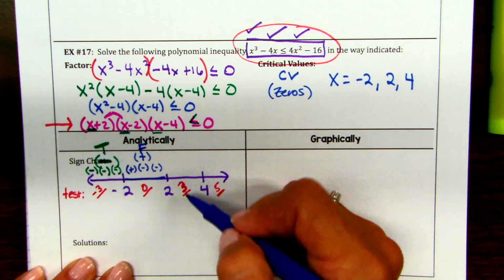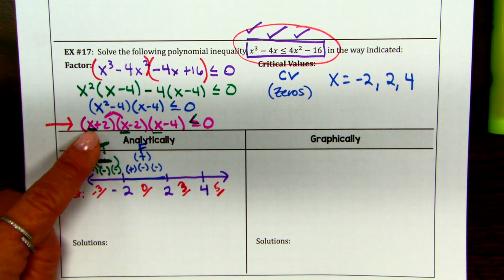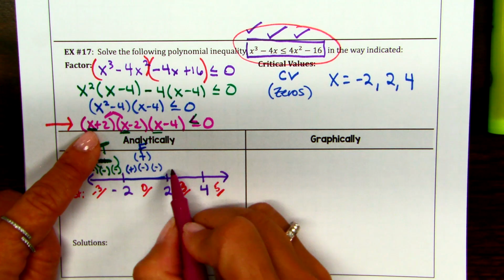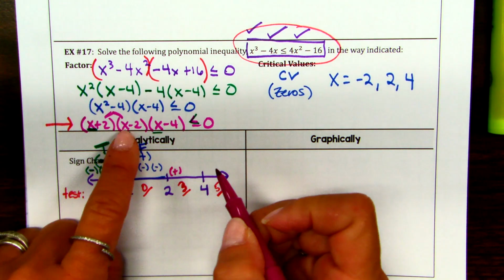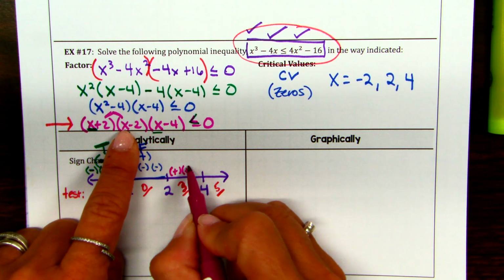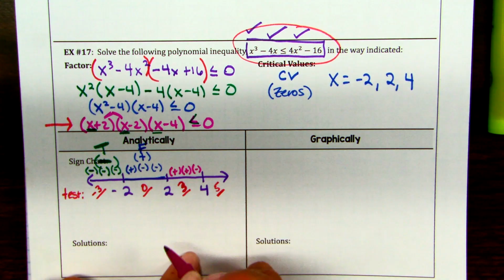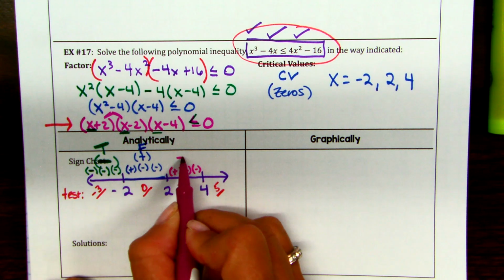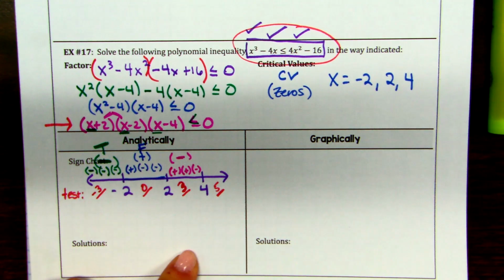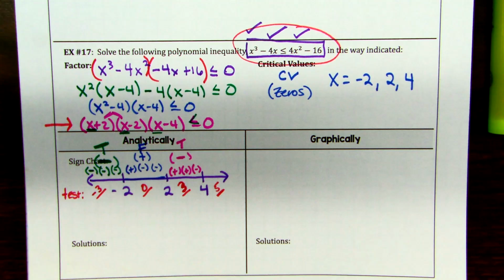And we keep going. 3 plus 2 would be positive. 3 minus 2, positive. 3 minus 4, negative. Put those 3 together, you will get a negative answer, which is less than or equal to 0.